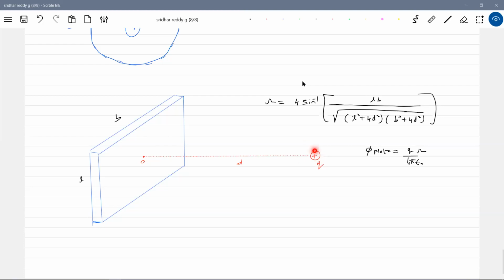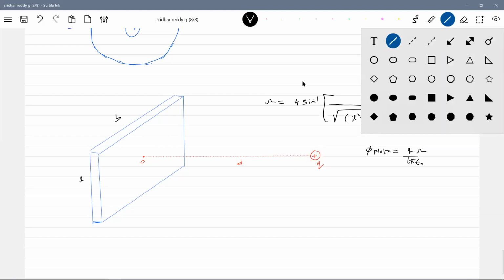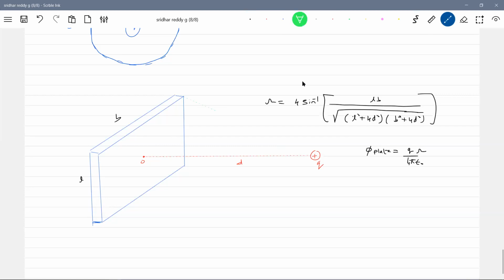I don't want to further mess things up, so let me at least show that. What do you mean by solid angle? Here is what we are going to measure: the solid angle subtended by the plate at the location of the point charge.